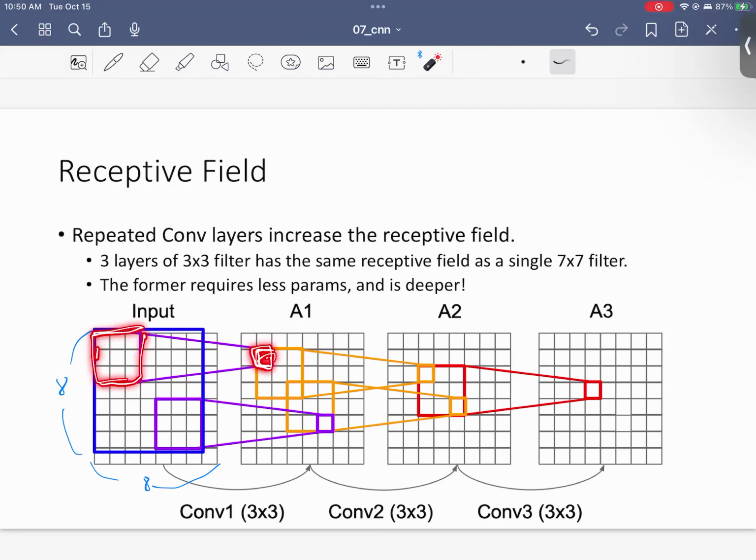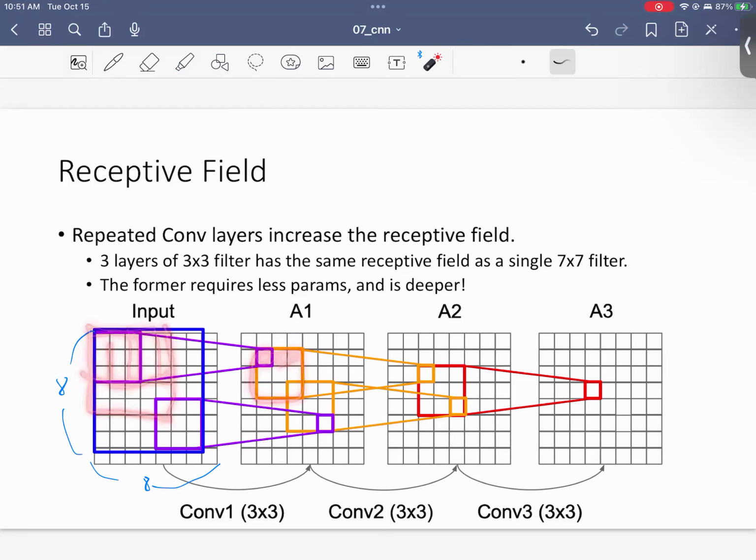But if you do one more CNN operation, and you chain it back to the very first, this guy is responsible for 3 by 3, then this guy is responsible for this, and this entire thing will be responsible for 5 by 5.